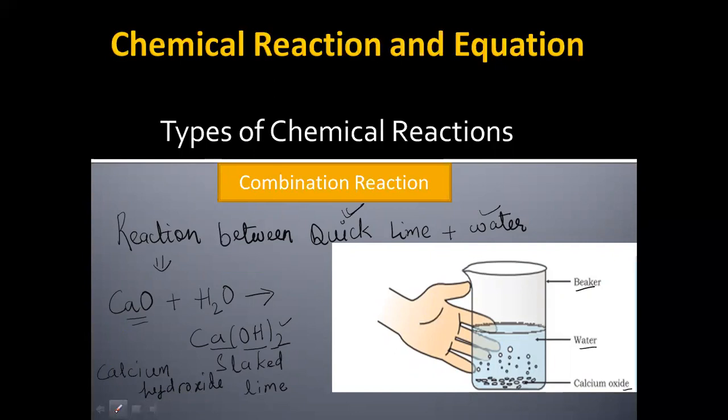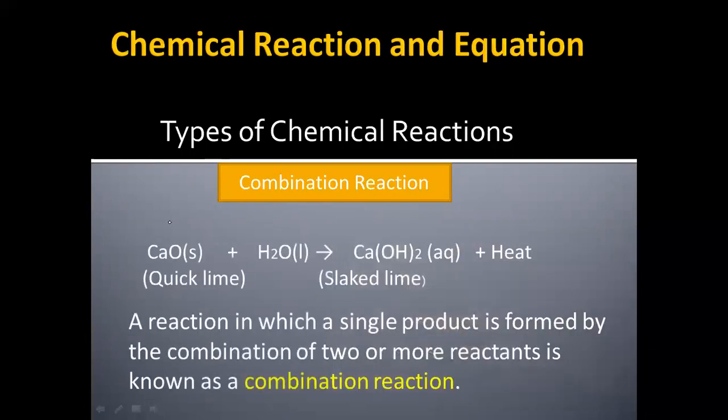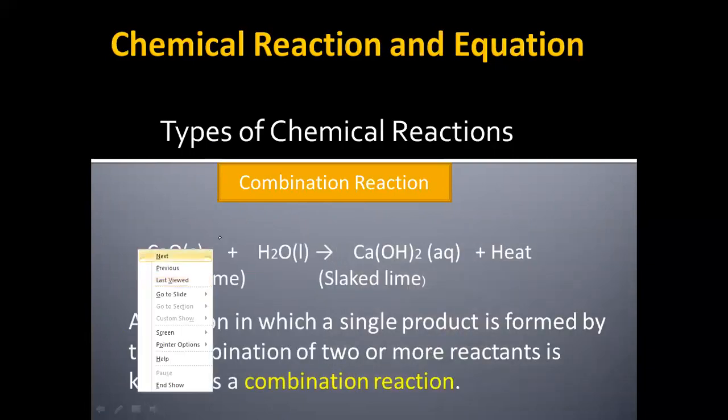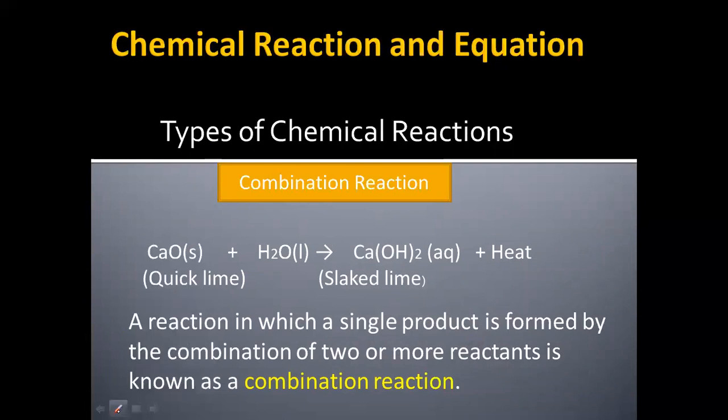Now you might be thinking why it's called a combination reaction. I can simply say it is because quicklime, calcium oxide, is reacting with water, giving you slaked lime. Along with that, heat is released, and this is a reaction where a single product is formed by the combination of two or more reactants.